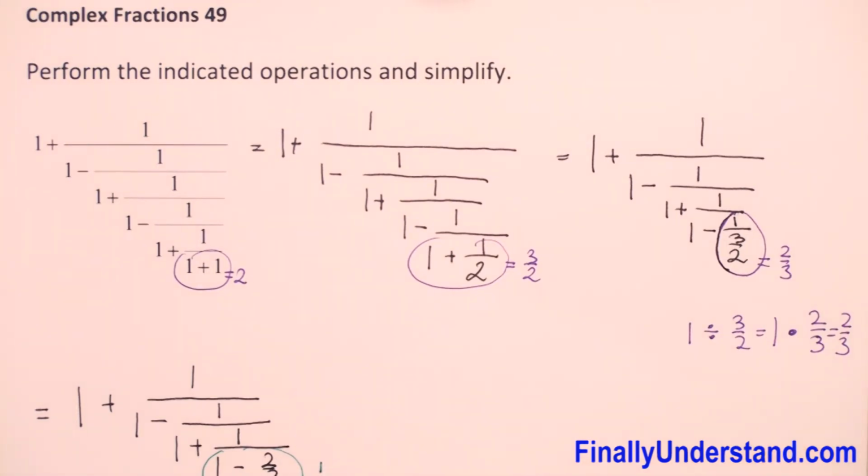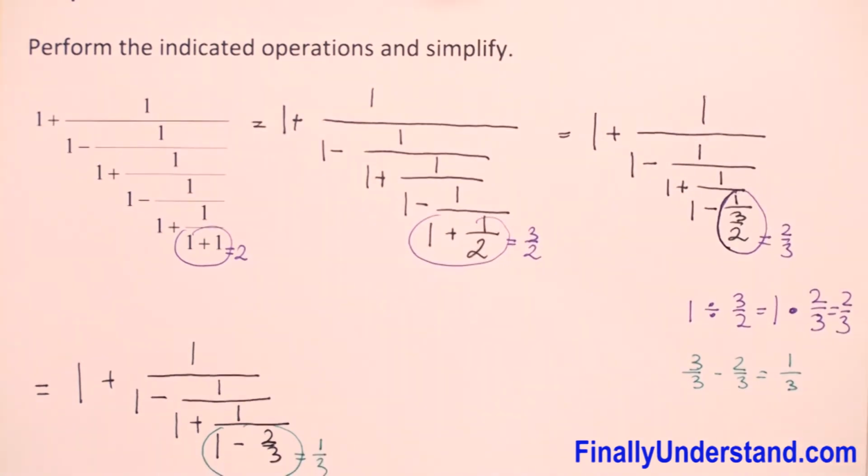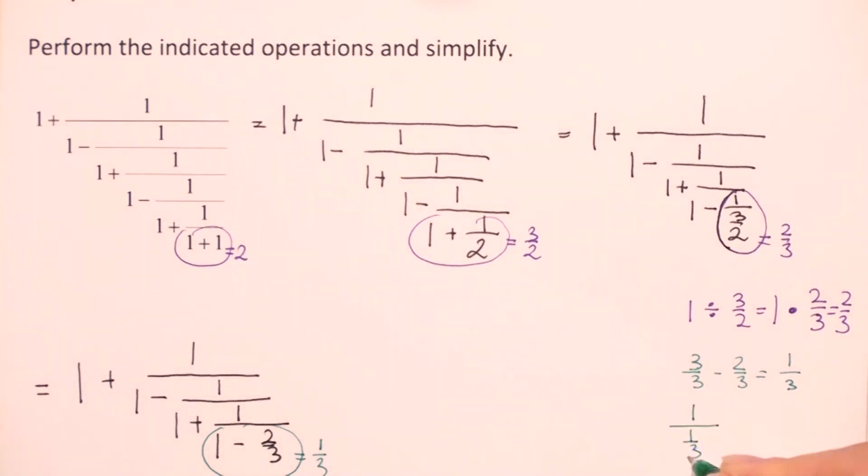Because we have 1 minus 2/3. So 1 we can change to 3 over 3 minus 2 over 3. So we have the same denominator. We copy the denominator and we subtract the numerators. So 3 minus 2 is 1. So this is 1/3.